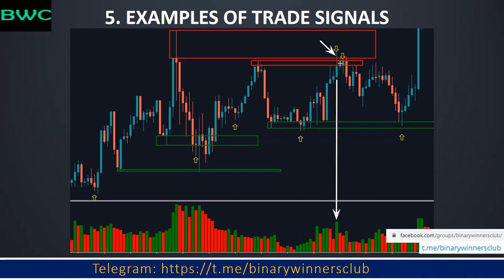This resistance has a very long wick, and the long wick means rejection from sellers. The volume is increasing significantly compared to previous candles, meaning the sellers actually entered. It's a green candle, but sellers entered from the top, all right? That is causing the market to reverse like this. So you can use volume in that manner.